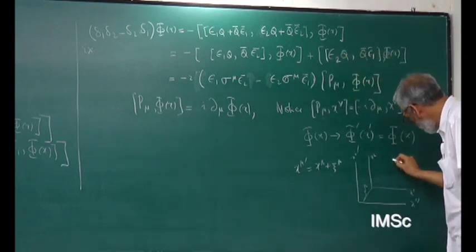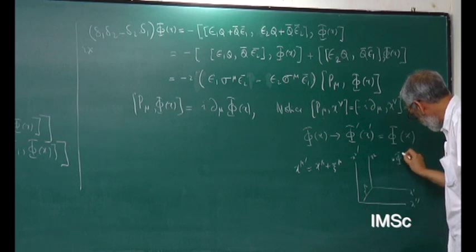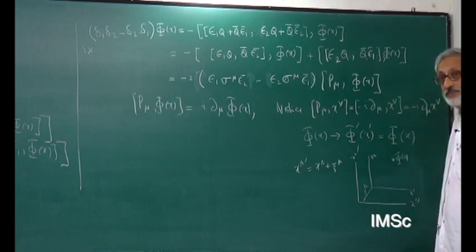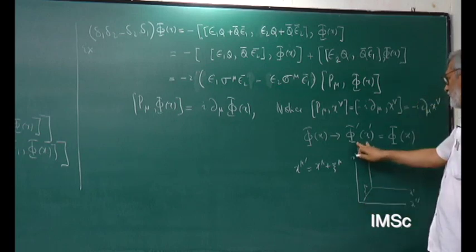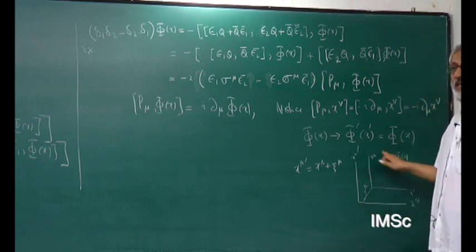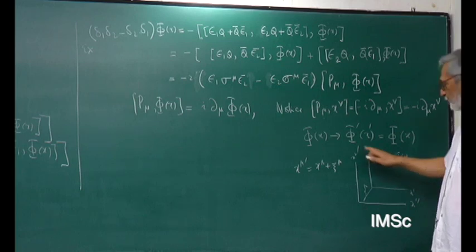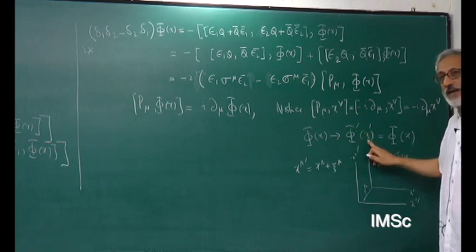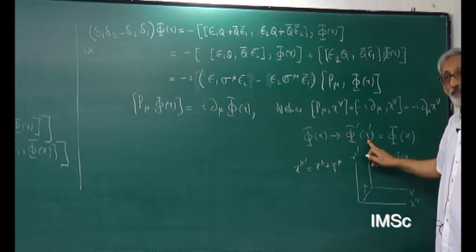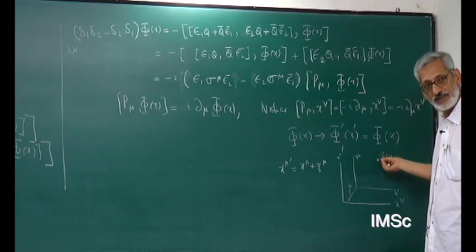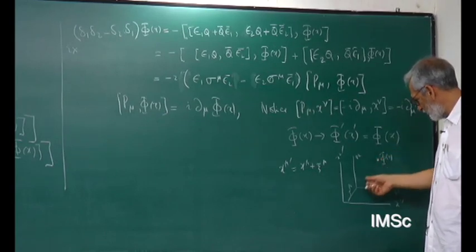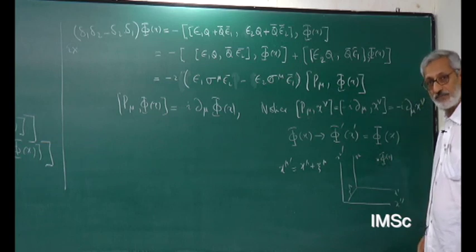Then given a point here and a field defined at that point, phi of x, in the changed coordinate it is the same because it's the same field, but it's a phi prime in x prime coordinates. Clear? This is some field, whatever value it is. If I measure it in x coordinates, it's phi of x.